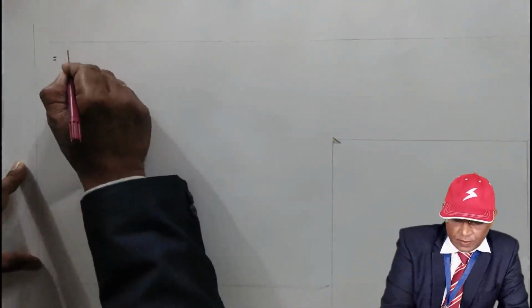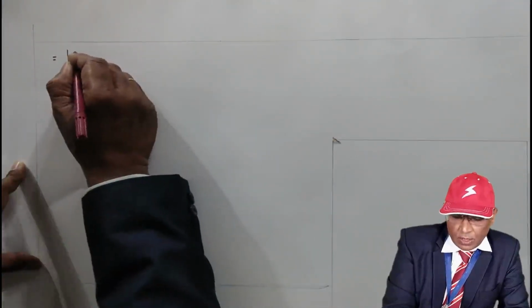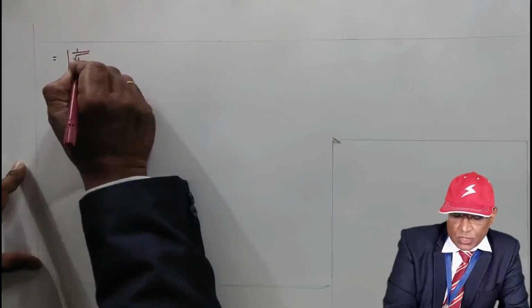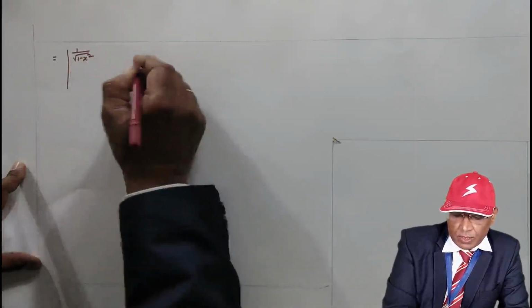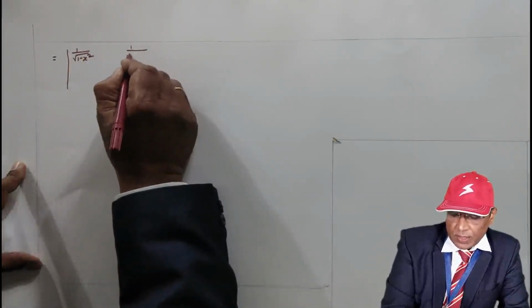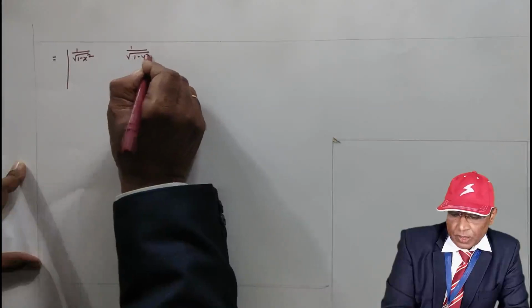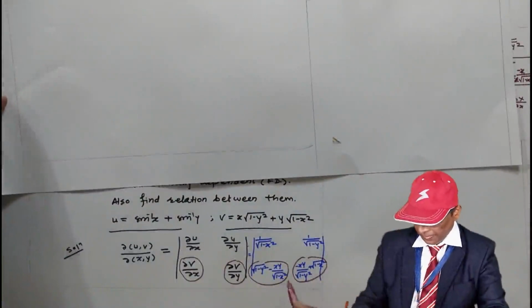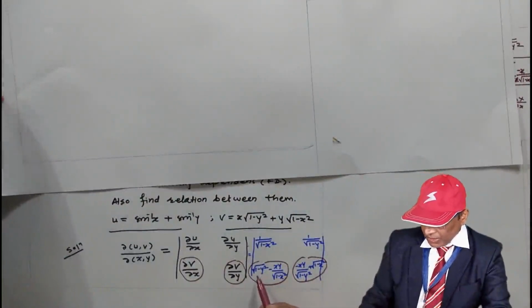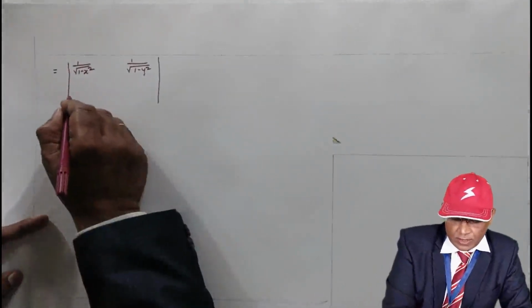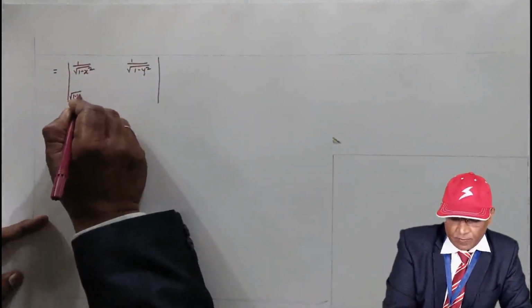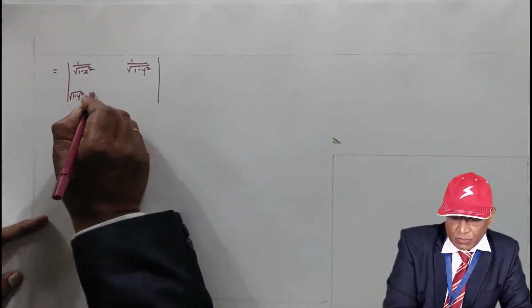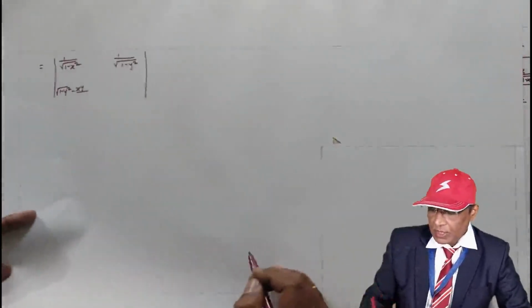The determinant. Once again I am writing 1 by under root 1 minus x square as the first entry. The second entry of the determinant is this thing: under root 1 minus y square minus xy. Next entry: under root 1 minus y square minus xy, divided by under root 1 minus x square.